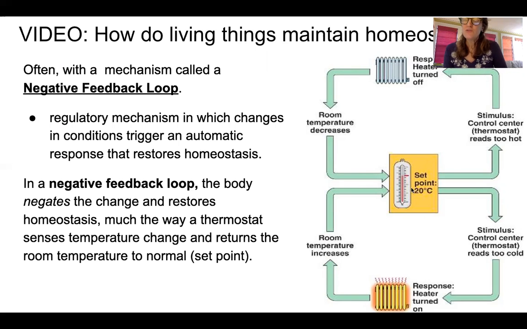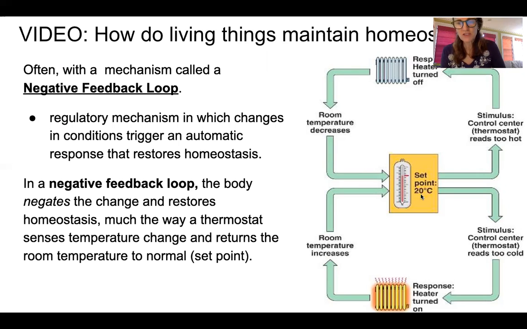If temperature falls below set point, so 19 degrees Celsius, 18 degrees Celsius, that thermostat will sense that change and respond by turning the heater on. That's an automatic change that will help restore homeostasis. The room temperature will increase back to 20 degrees Celsius.